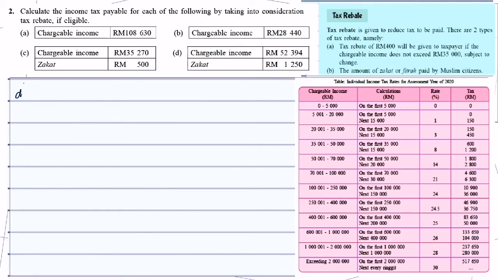Okay, 2D, taxable income 52,394 ringgit, zakat 1,250. Okay, first refer to the table. This amount 52,394 fall on this.